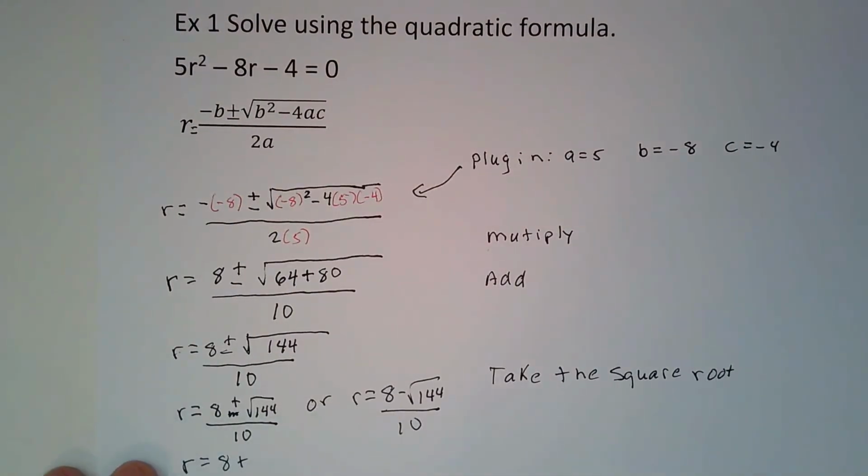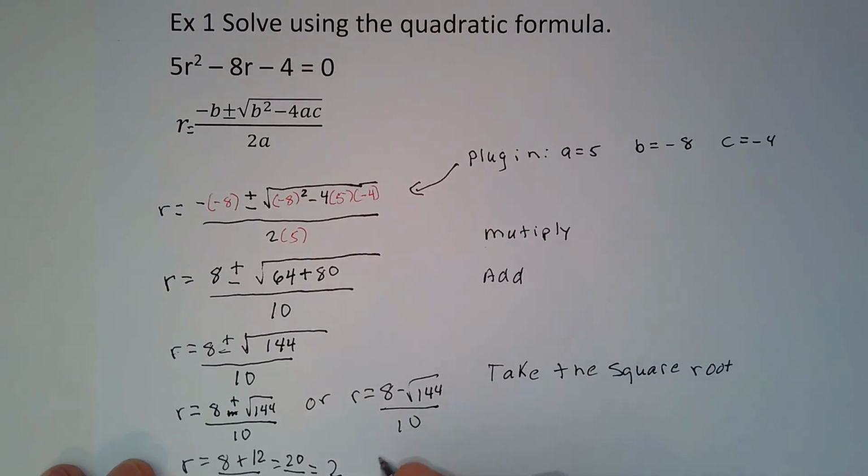So I know that that's 8 plus 12 divided by 10. And if you simplify that, 8 plus 12 is 20 divided by 10, which equals 2.